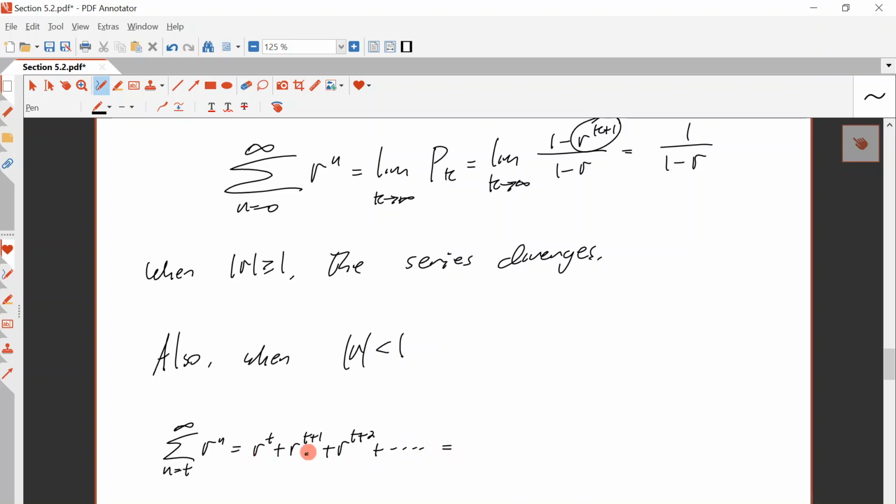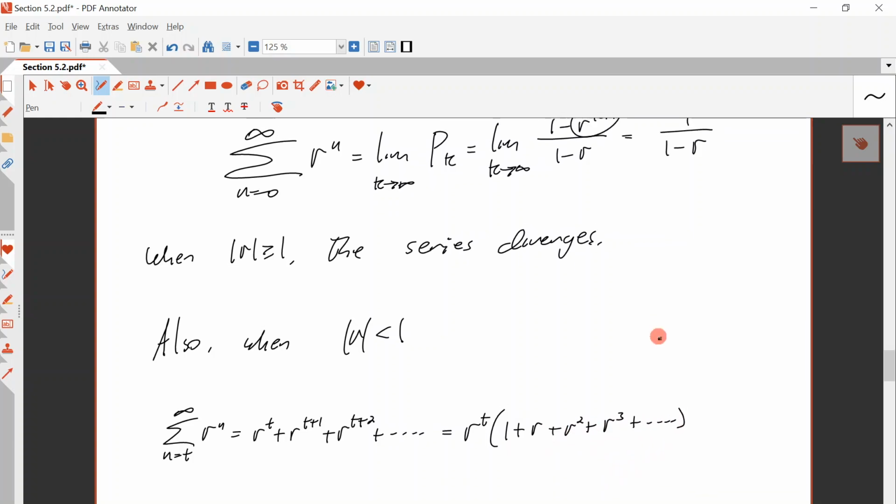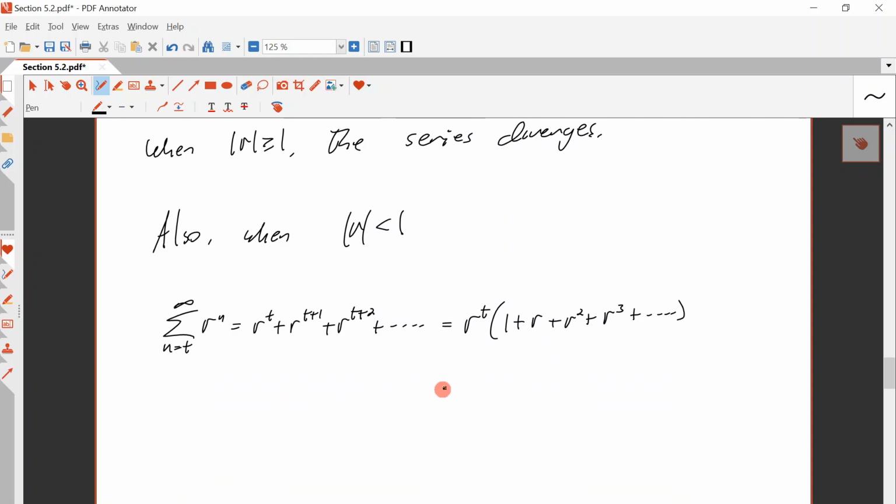But these all have a common factor of r to the t. And then you're left over with 1 plus r plus r squared plus r to the third, and so on and so forth. But that's just the original geometric series.